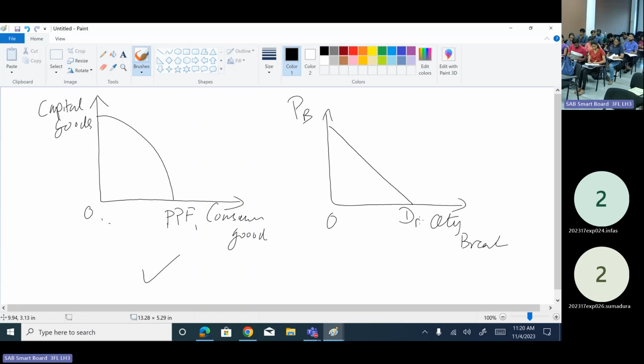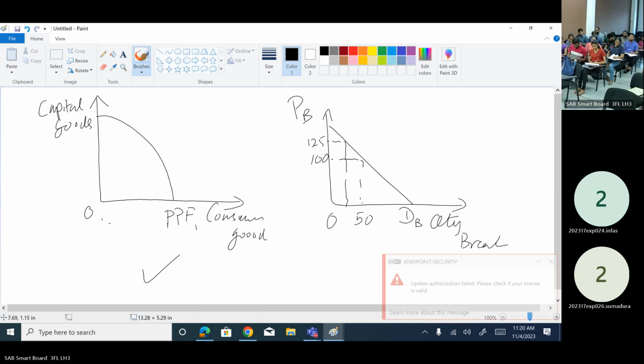Downward sloping demand curve for bread. Say the price is 100 rupees and quantity may be 50. When price increases to 125, quantity may be 30. You see, price increases, quantity decreases. This has to be shown in this relationship.